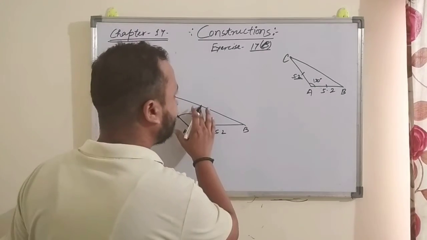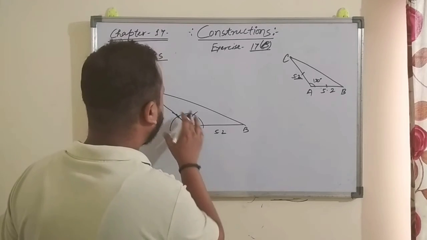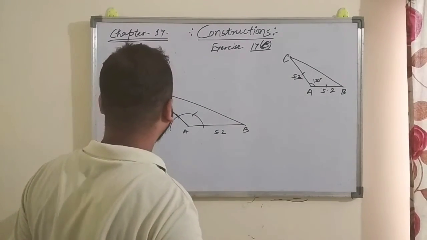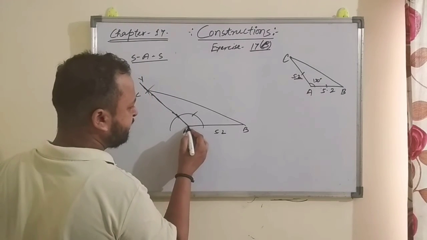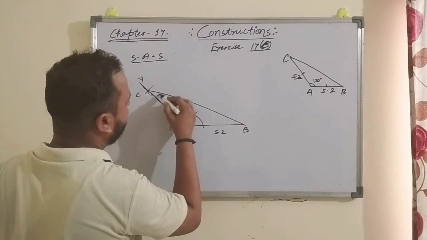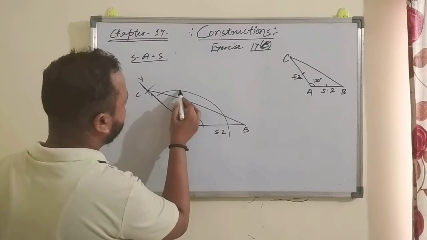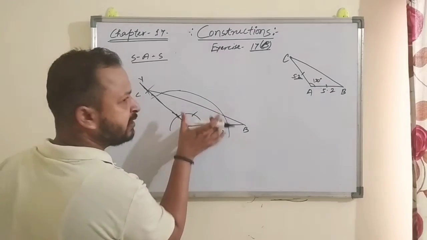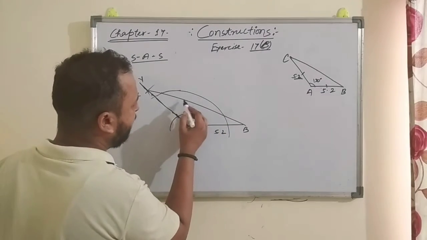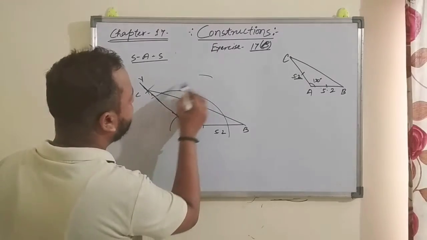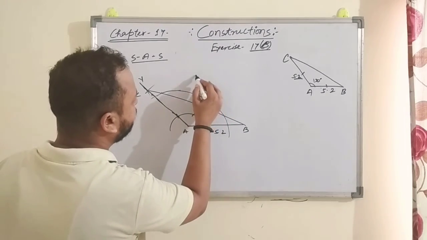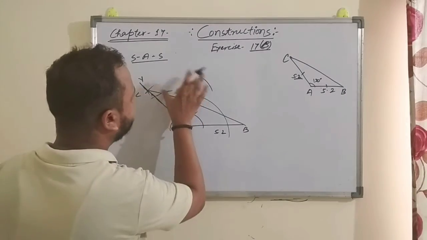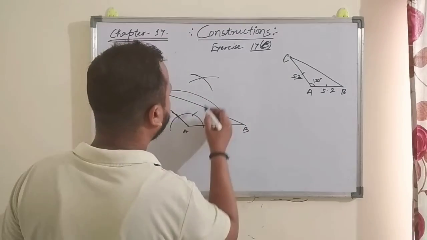Now you have to construct a line AD which is perpendicular to BC. So take A as a center, take any radius, and draw an arc. Take these 2 points as center, take a radius greater than half of that, and mark the points where the arcs meet.